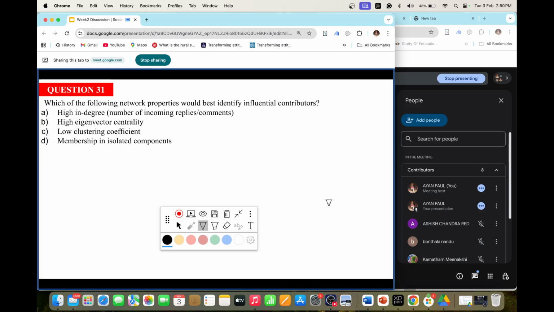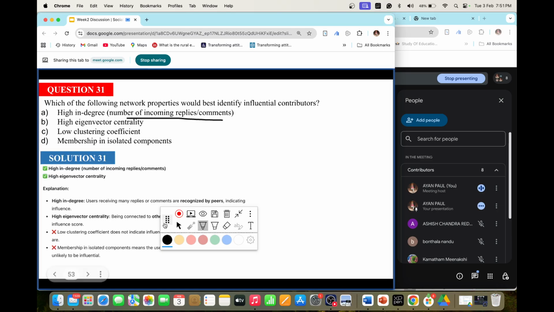Okay. So question number 31. Which of the following network properties would best identify influencer contribution? High in-degree, the number of incoming replies and comments; high eigenvector centrality; low clustering coefficient; and membership in isolated components. So option A as well as option B, right?